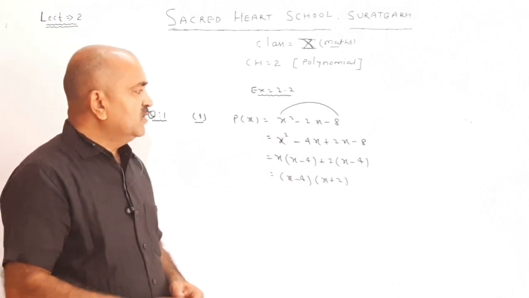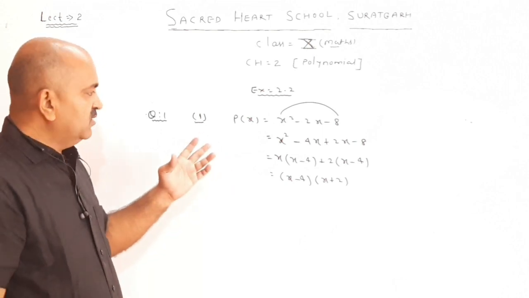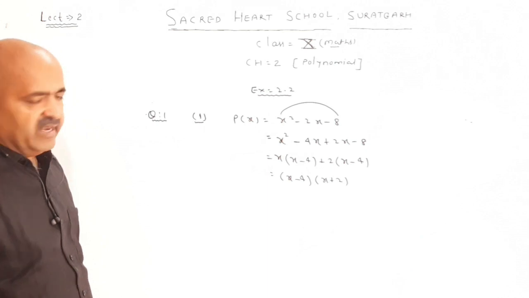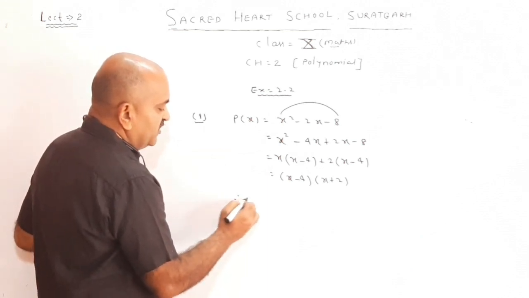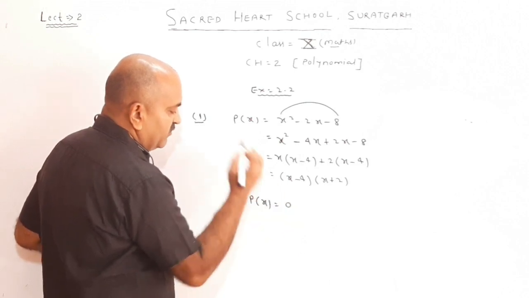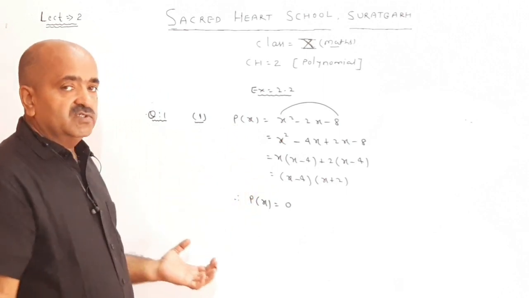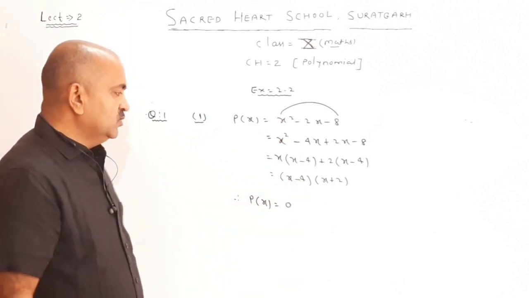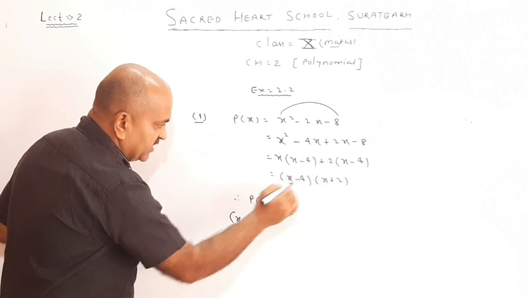Now, students, we find zeros of the polynomial because this question says find the zeros of the polynomial and verify the relationship between the coefficients. So if we find zeros of the polynomial, then we take this value equal to 0. In the previous lecture, students, you know, we find the zeros of the polynomial, then we take this value equal to 0. So what is the p of x value?